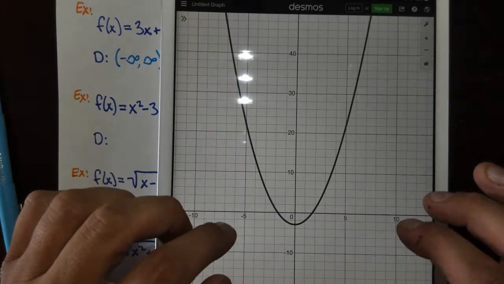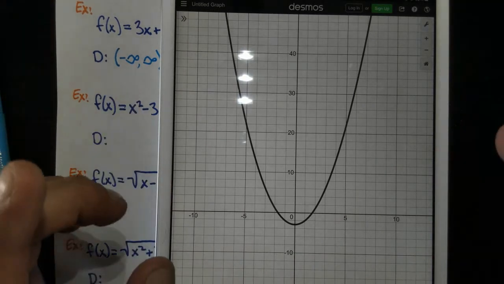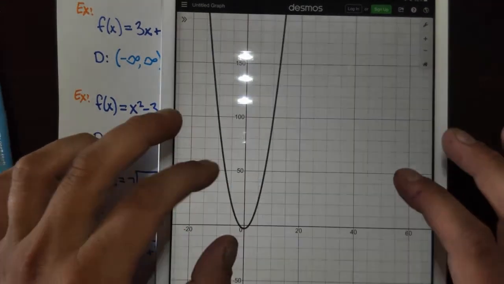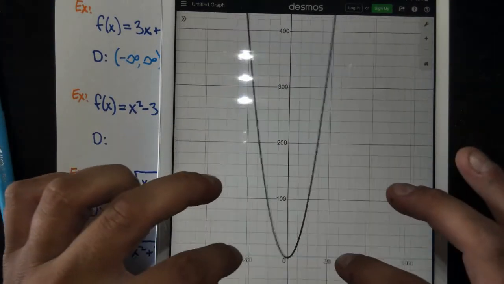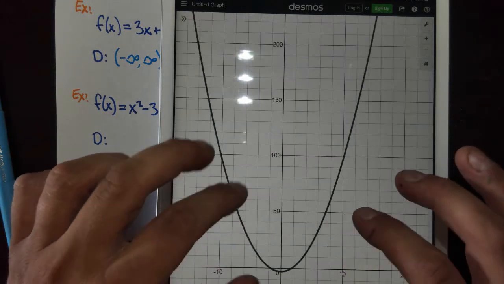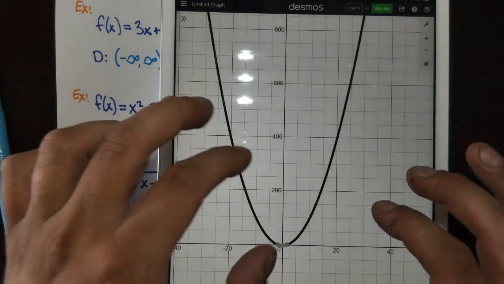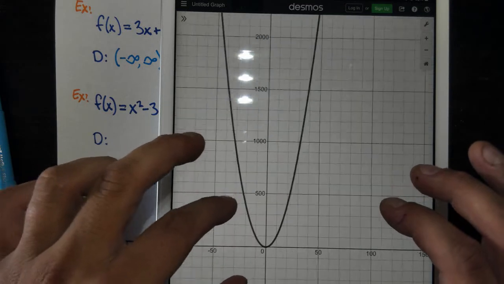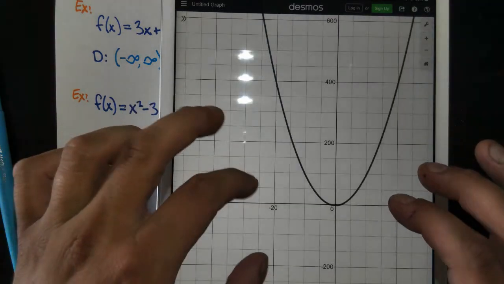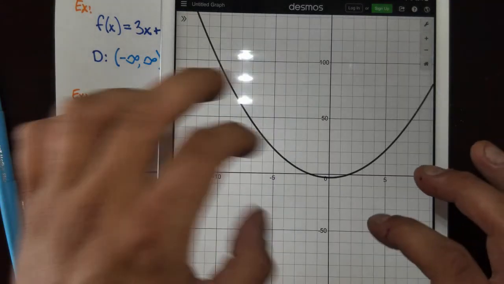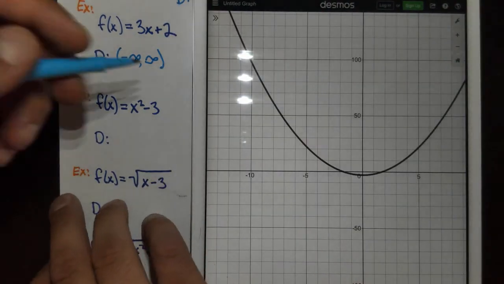Although it goes up much quicker than it goes to the right or left, if we zoom out, we will see that it goes forever and ever. Parabolas also exist from negative to positive infinity.